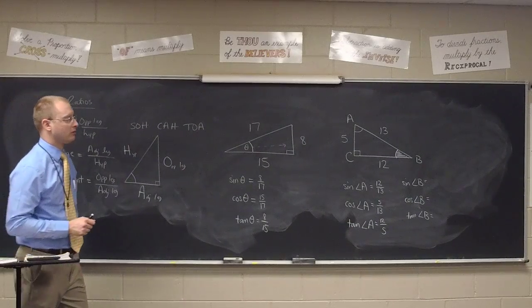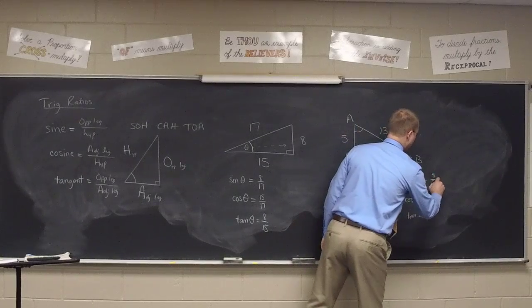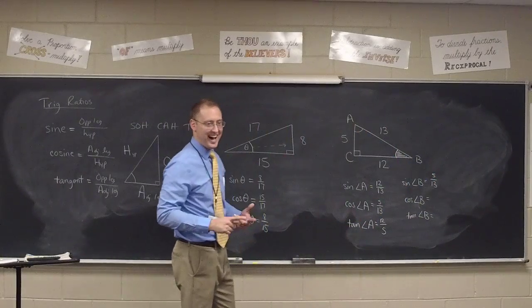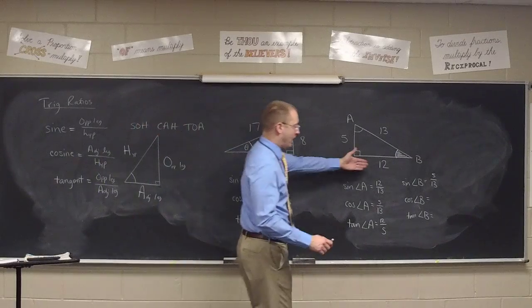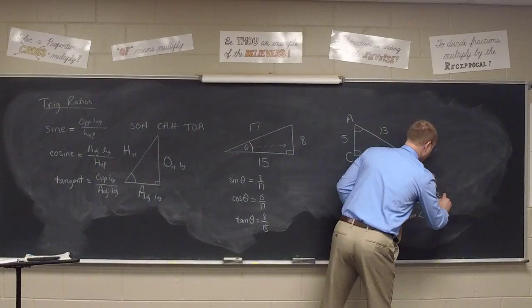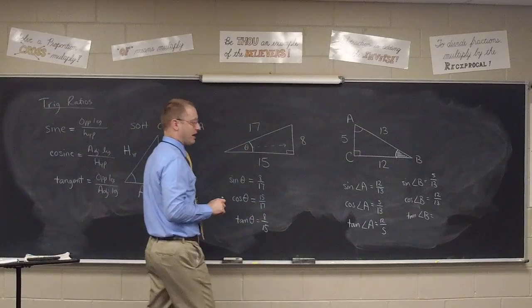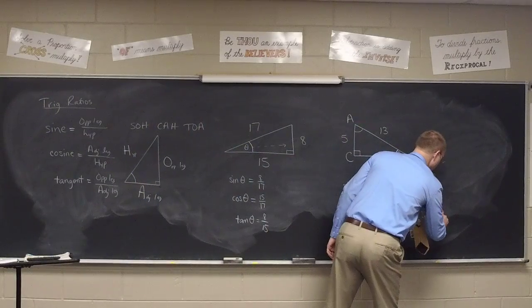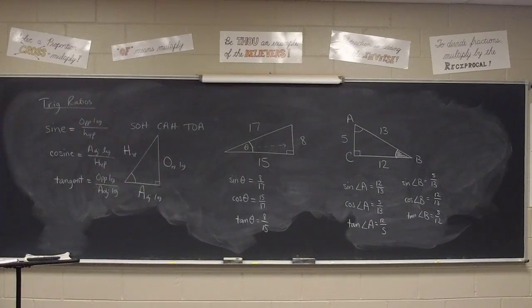So 5 over 13. Perfect, 5 to 13. Cosine, CAH, Quentin. 12 over 13. 12 adjacent to 13 hypotenuse. TOA, tangent, Chris. 5 to 12. And there we get our sine, cosine, tangent of angles A and B.